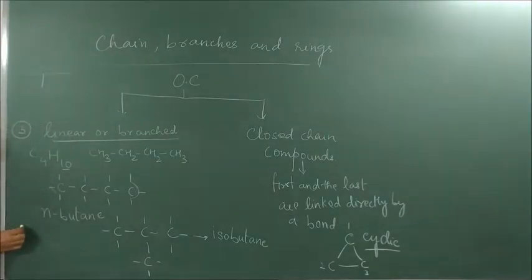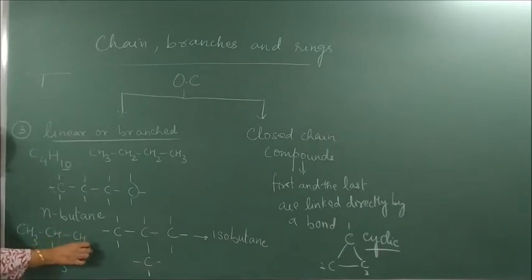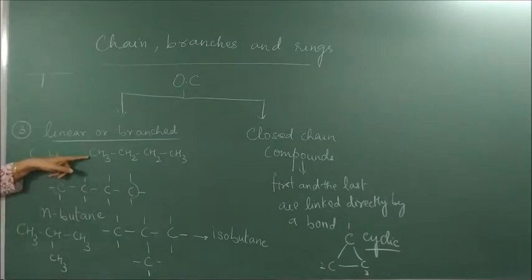How do I write it? CH3, CH, CH3 and CH3. So this is called isobutane. What was first? n-butane. When linear, n. One-sided branching, iso.